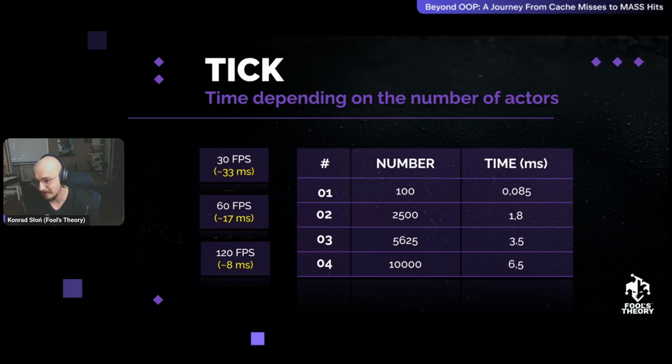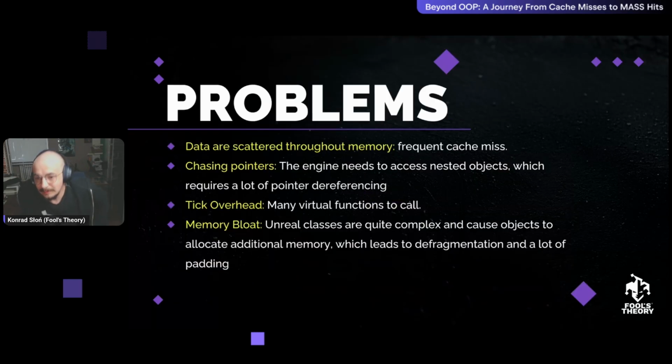In a normal game, this is much more complex, and you have much less time to do something like that. So when your actor number grows, your time is really valuable, and you need to think how to fix that. Okay, so what problems are there with object-oriented programming when we are trying to do something like that?